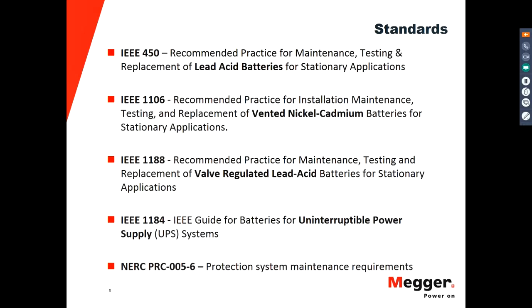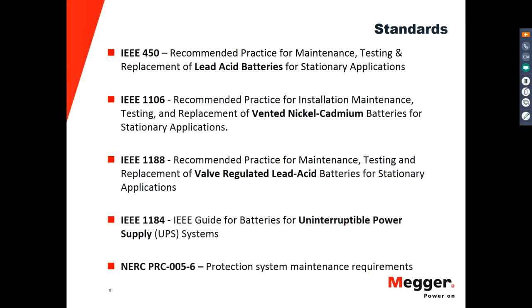Also, in the references here, we have NERC PRC 005, because it is basically a document that most utilities need to follow, and it's a requirement. This regulation asks for, in addition to other maintenance practices, two tests that allow you to verify if the battery is performing to the requirements of the substation.